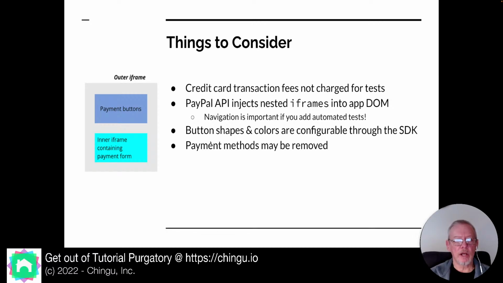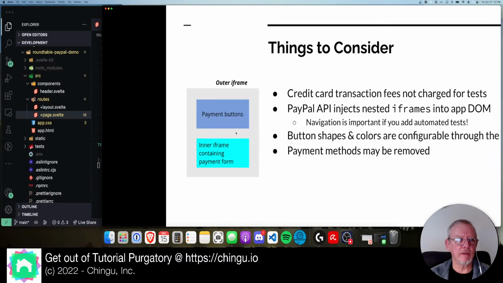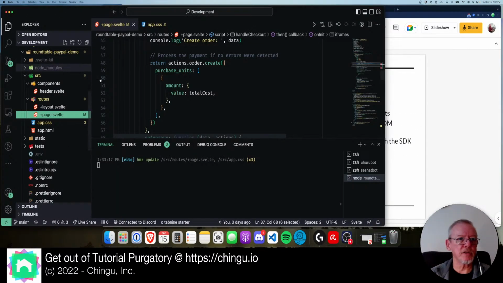Something we really didn't touch on that I need to go back to is that button shapes and colors can be changed from your code, and different payment methods can be removed. So let's actually go back to that. I want to catch up on that because it's kind of important.